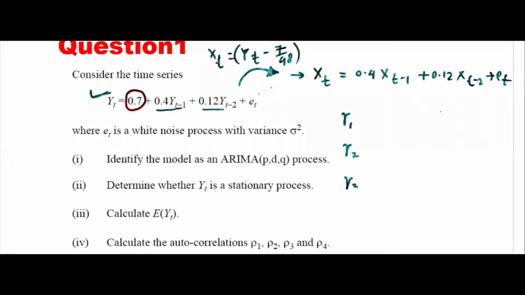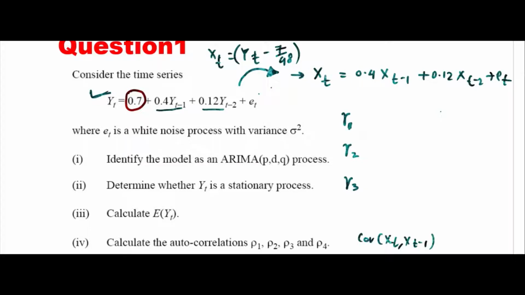From 1, you go down to 0. You write the coefficients, because when you find the covariance between the left-hand side xt and xt minus 1, you will get gamma 1.